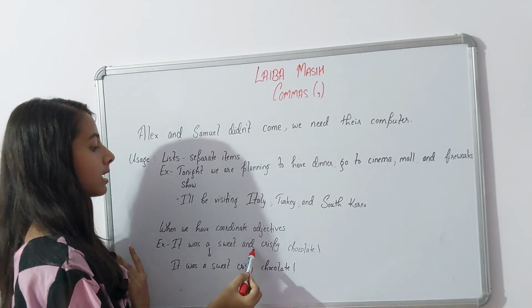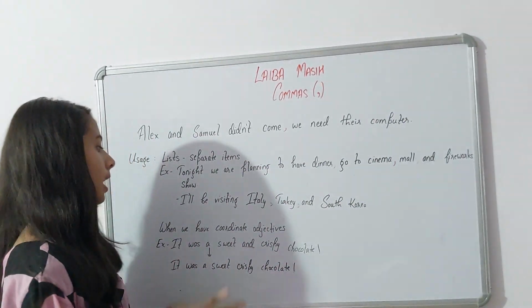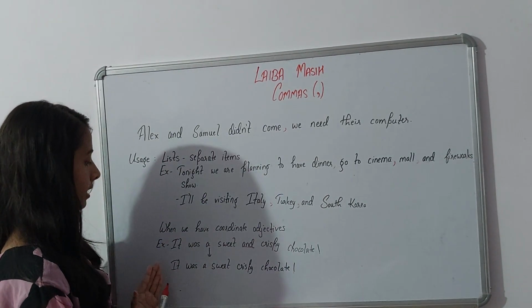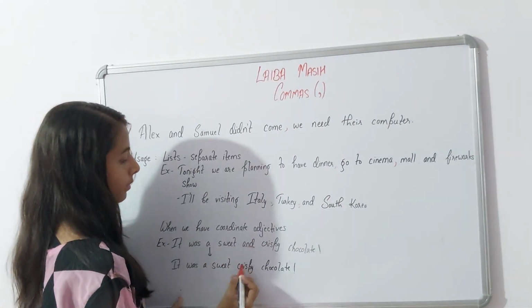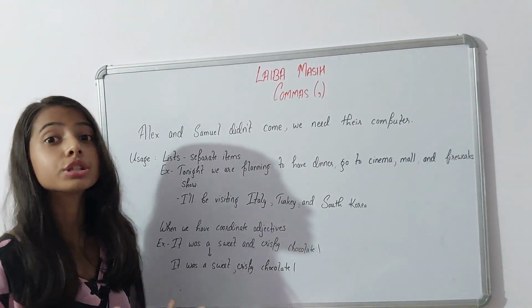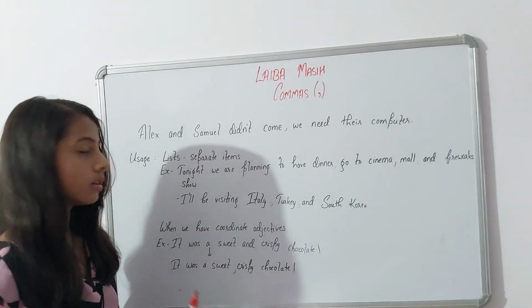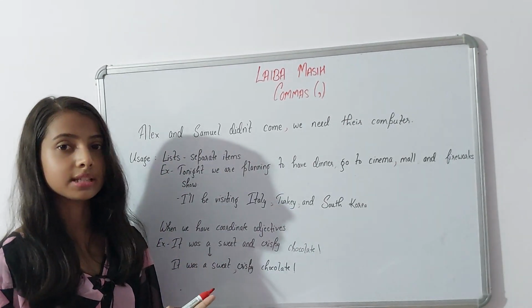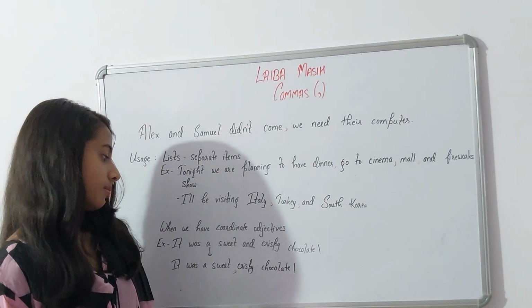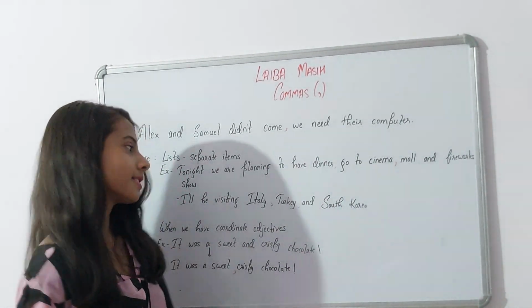So here we are using and. But here we can also write it as, it was a sweet, comma, crispy chocolate. We are not using and, instead we are just writing it with a comma. So when we have coordinate adjectives, there are examples where we use commas instead of and.